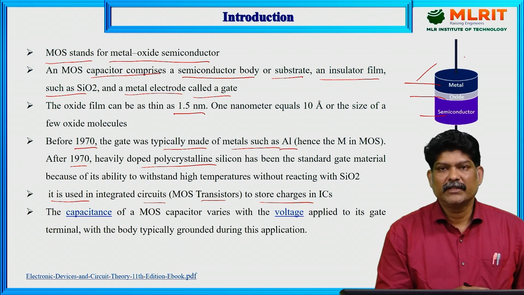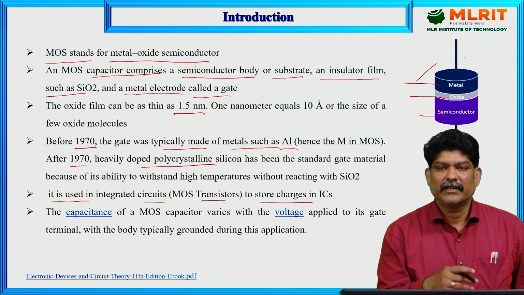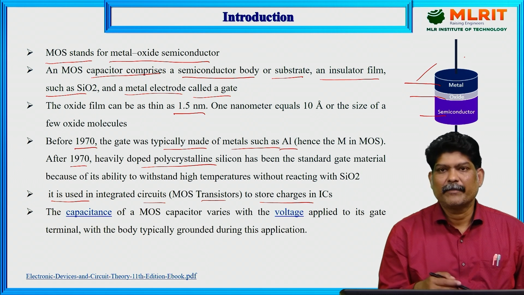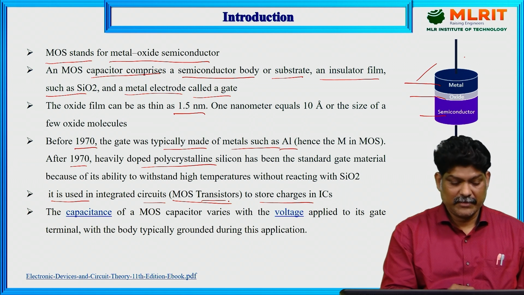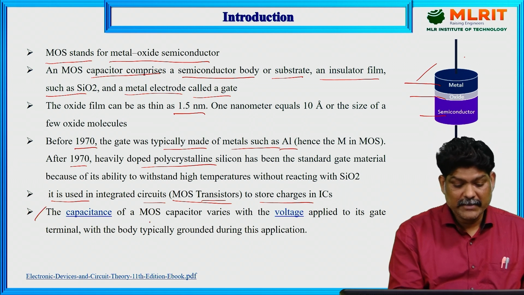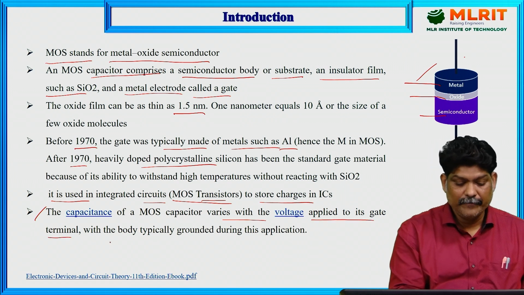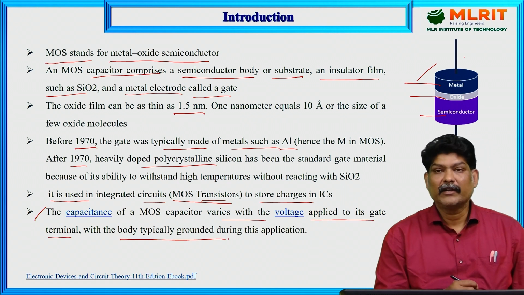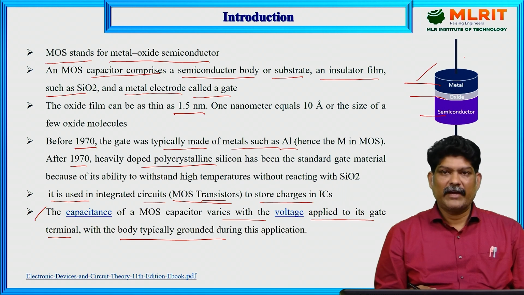It is not used individually. The basic principle is that the capacitance of the MOS capacitor varies with the voltage applied to its gate terminal, with the body typically grounded during this application. So the capacitance of the MOS capacitor can be varied by applied voltage.